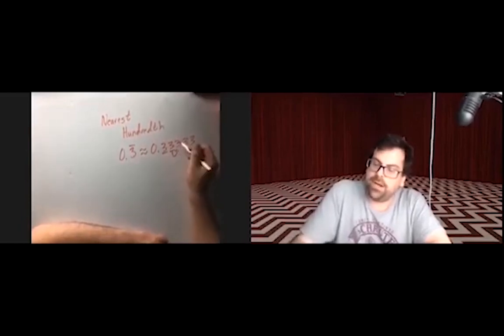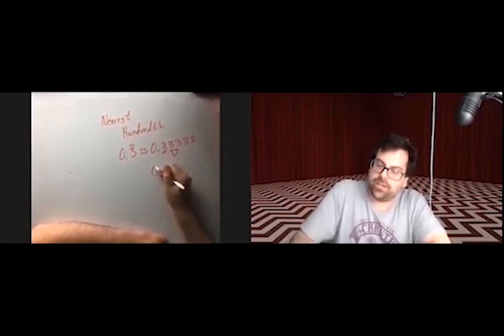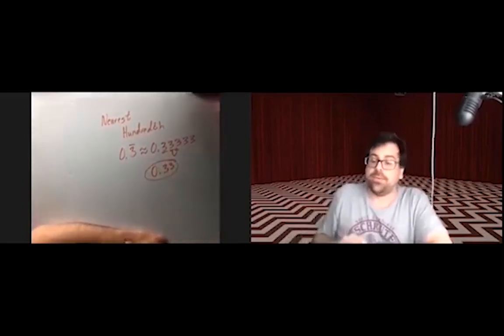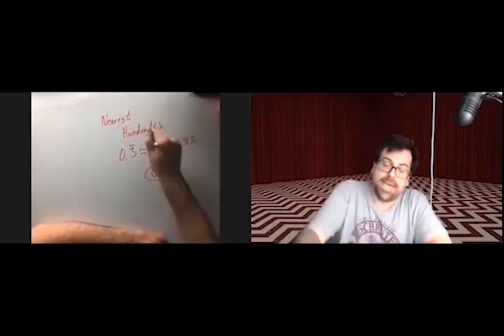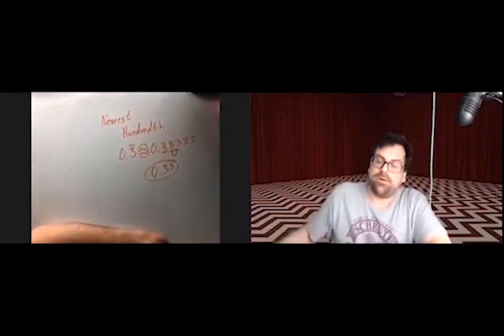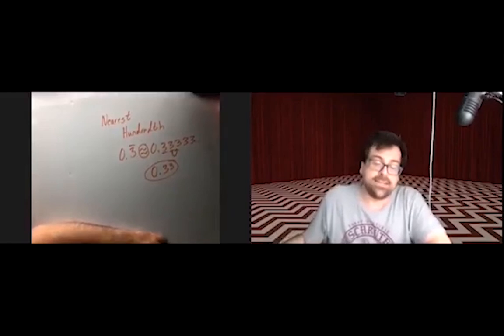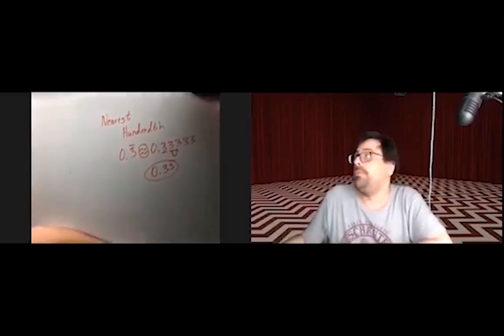It doesn't bump it up because it's not 5 or greater. So rounded to the nearest hundredth, 0.33. But that is approximately. It is about 0.33. It's not exactly. The repeating form is exact.